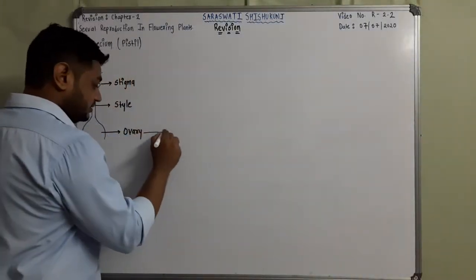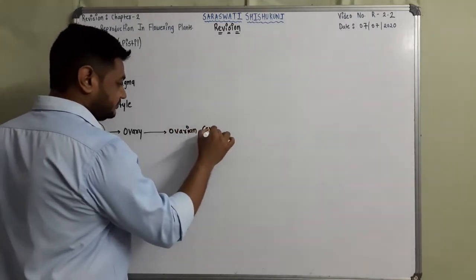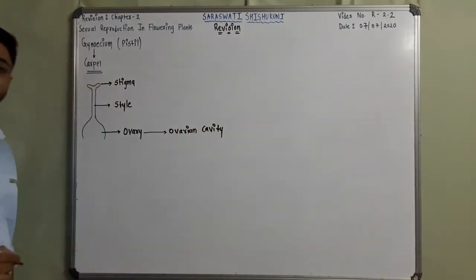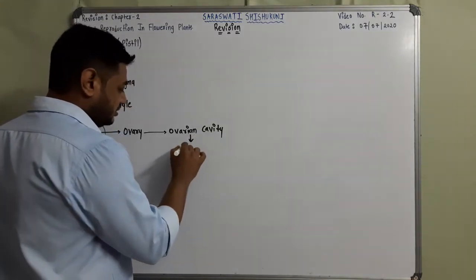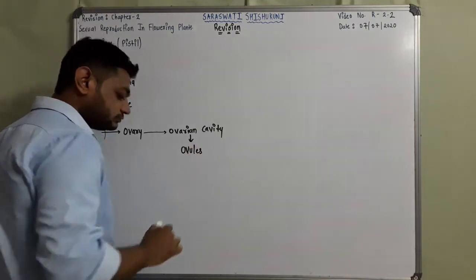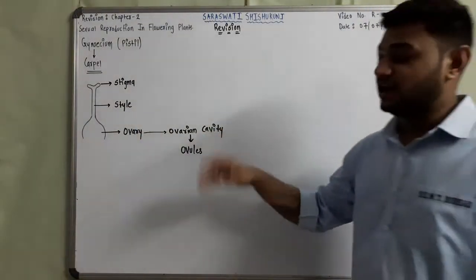The ovary bears the ovarian cavity. This ovarian cavity contains the ovules. Okay, so this is the first part, that is the carpel.